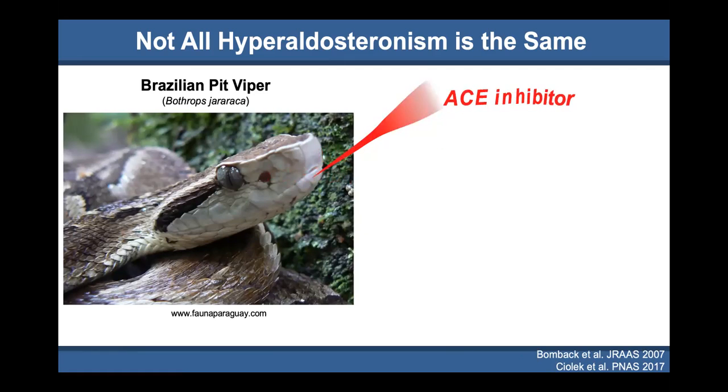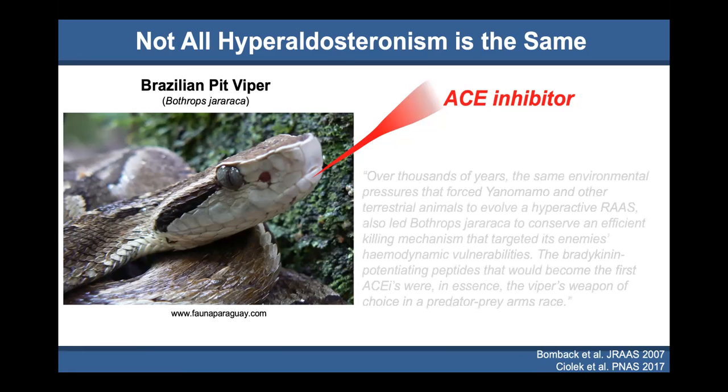In fact, the very first ACE inhibitor, captopril, was derived from the venom of a Brazilian pit viper. And you may wonder, why does a Brazilian pit viper have an ACE inhibitor in its venom? Well, if you imagine, most of the small animals, mice, rabbits, other shrews that it feeds on have a revved up renin-angiotensin-aldosterone system as they exist in a sodium deplete potassium rich world where a whiff of an ACE inhibitor would render them hypotensive.